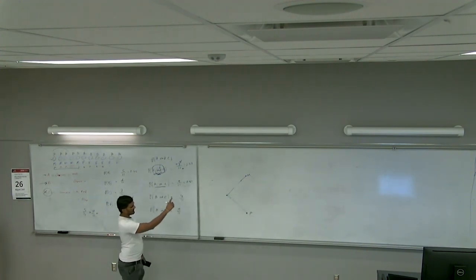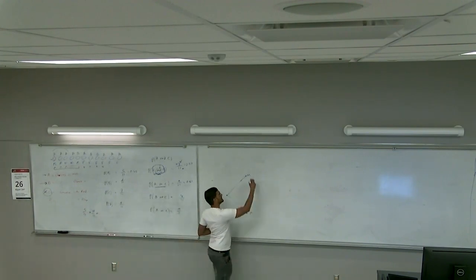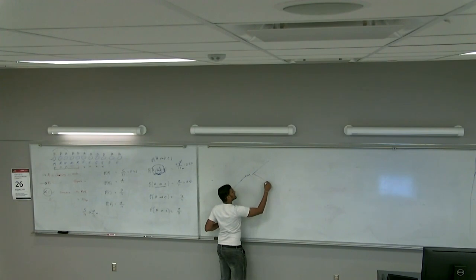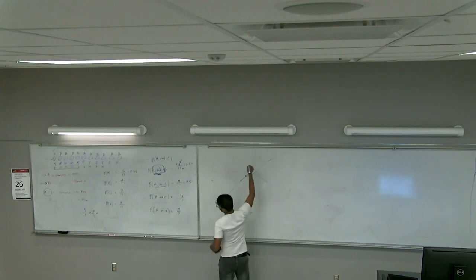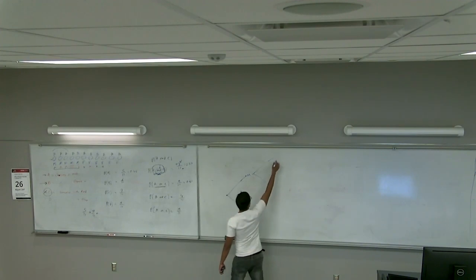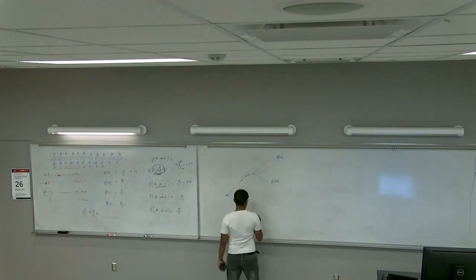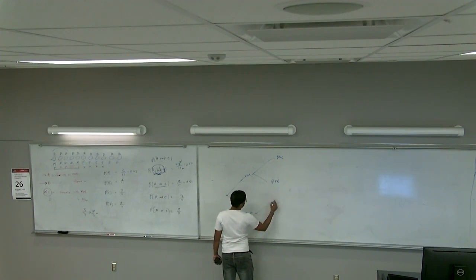And for a male, you have two options: wearing a red t-shirt and wearing a blue t-shirt. Blue and red. And for a female also, she has two options, blue and red.